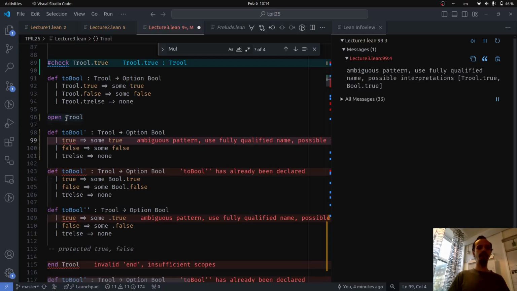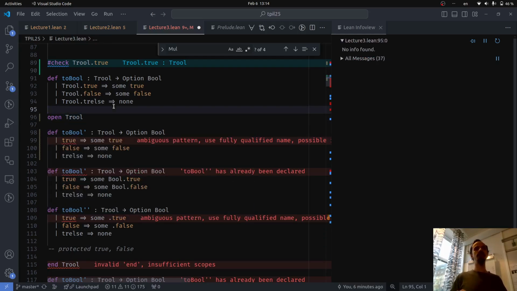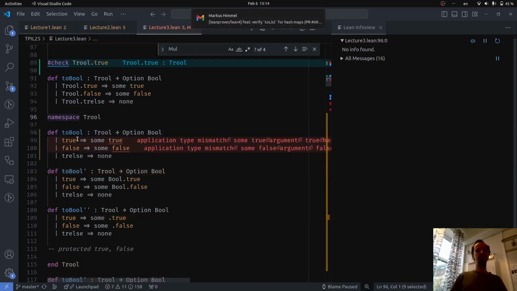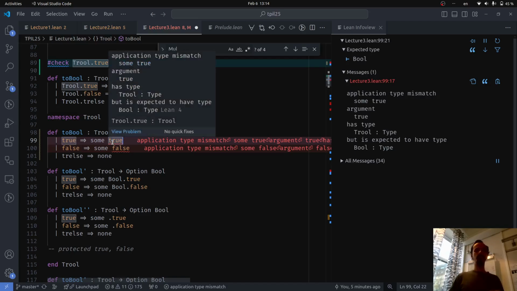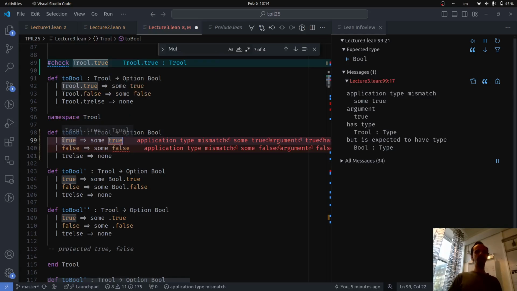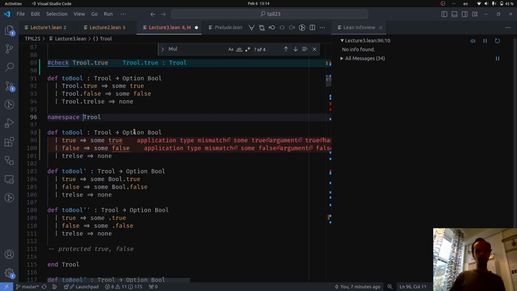When you're resolving the name, the things that are in the namespace get priority over other names. That's why in this namespace situation, this was unambiguously interpreted as True.true, even though both of them are in scope. Bool.true is already in scope under this name true, but this one's taking precedence because we're in the namespace.